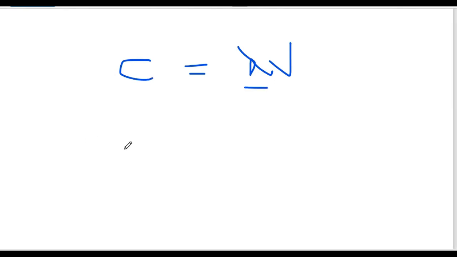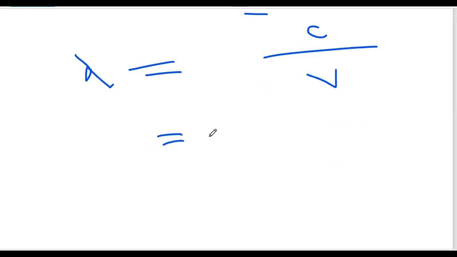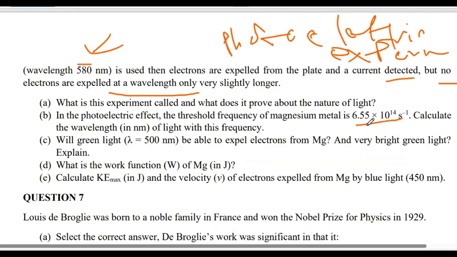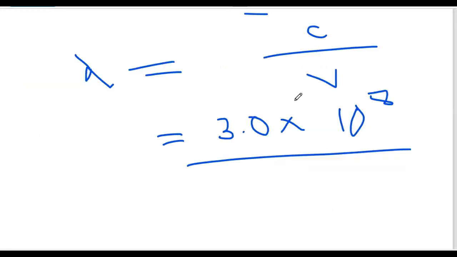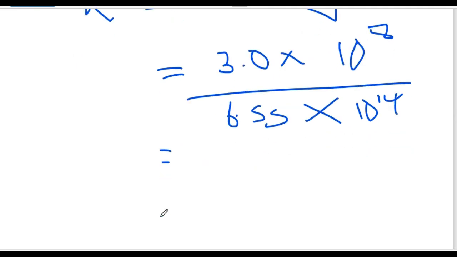So the wavelength equals the speed of light over the frequency. The speed of light is a constant, 3.0 times 10 to the power 8, over our frequency, which is 6.55 times 10 to the power 14. So let's divide and find our answer.